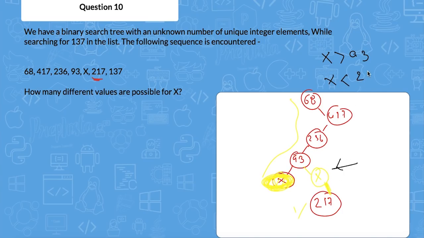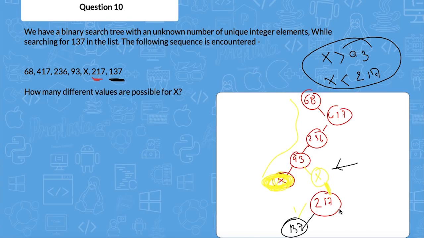Okay, then we look at 137, one more number here. So here what would happen is we try to enter 137. So 137 is smaller than 217, which is why it is coming on the left hand side, right? If x had been greater than 217, x would have come here, right?